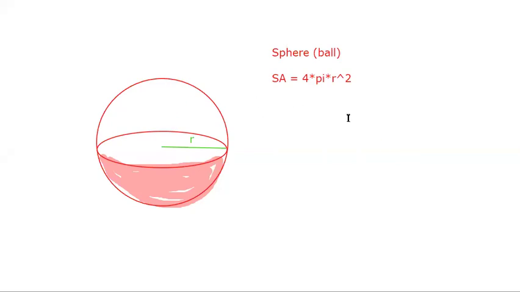Then we have one of those pyramids, specifically a rectangular pyramid. So a rectangular pyramid, we kind of dealt with one when we had nets.